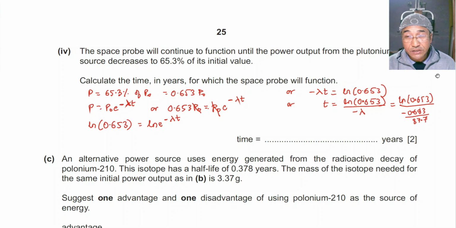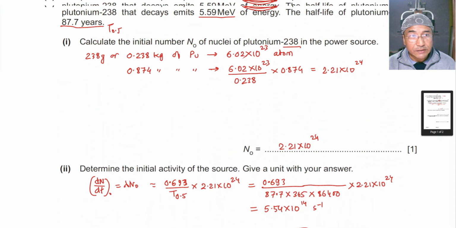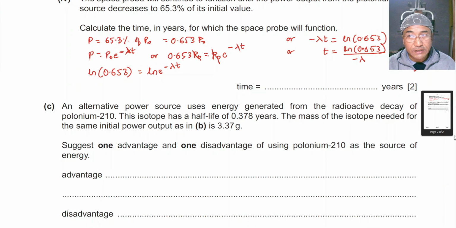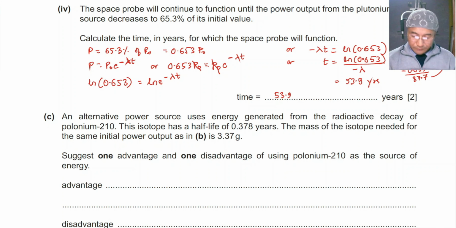Here I do not change it into seconds because the answer is in years, so I have maintained this 87.7 years. So ln 0.653 into 87.7 divided by 0.693 equals minus 53.9 years. Minus minus plus, so it is 53.9 years.